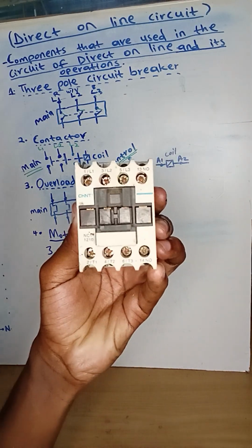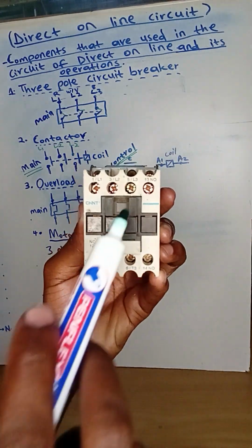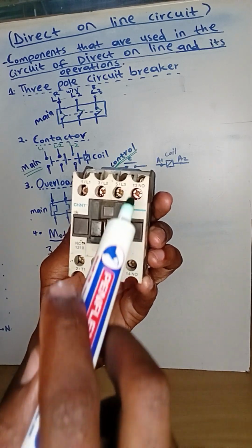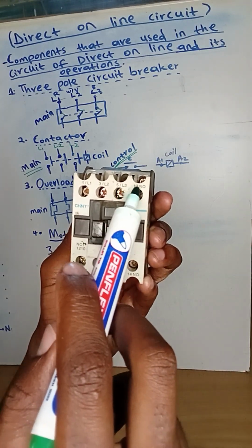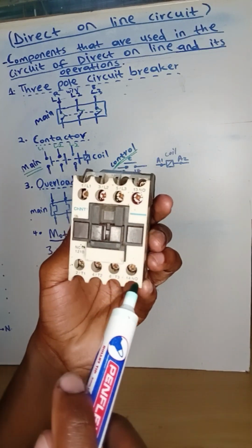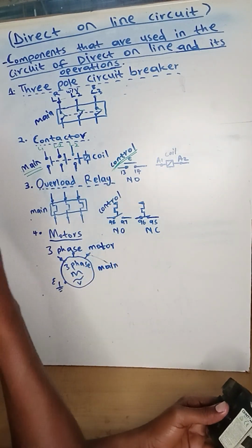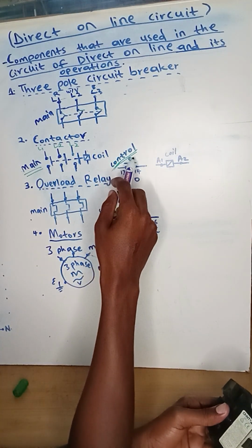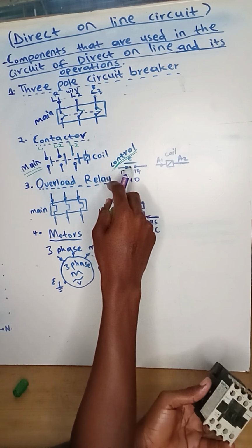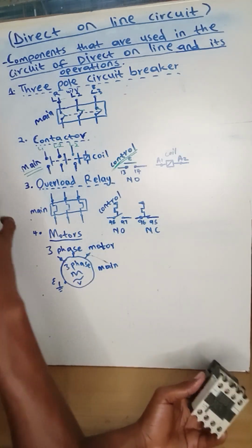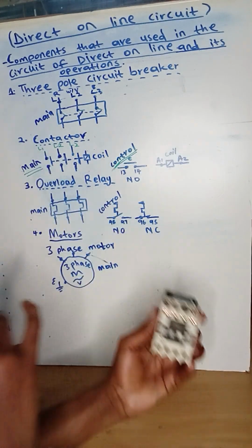So if we can check from this contactor, from the right hand side points, we have 13 normal open, 14 normal open. So that is a simple symbol. So this C, it means this is an open contact of a contactor. So this C means for this contactor.